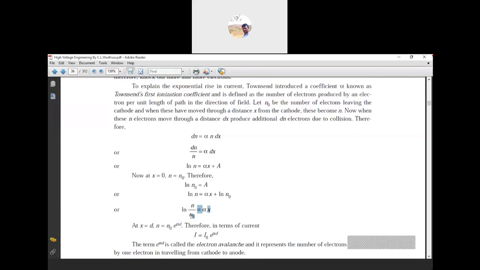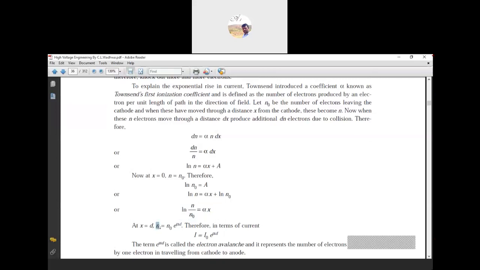To remove the logarithm terms, we apply the exponential on both sides. So e power of ln n by n naught is equal to e power of alpha x.